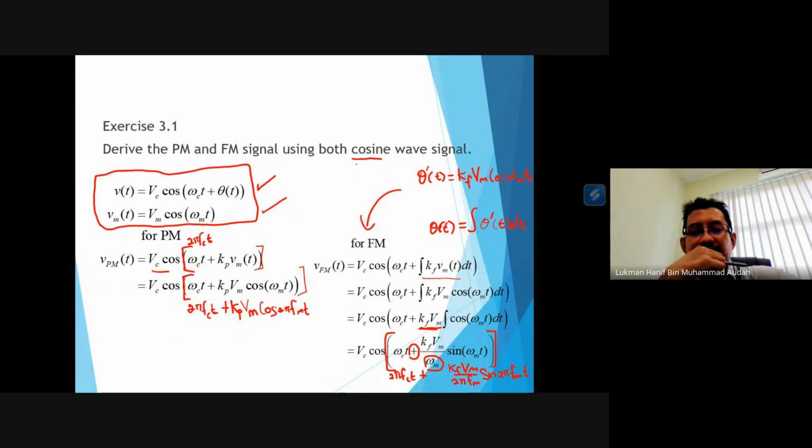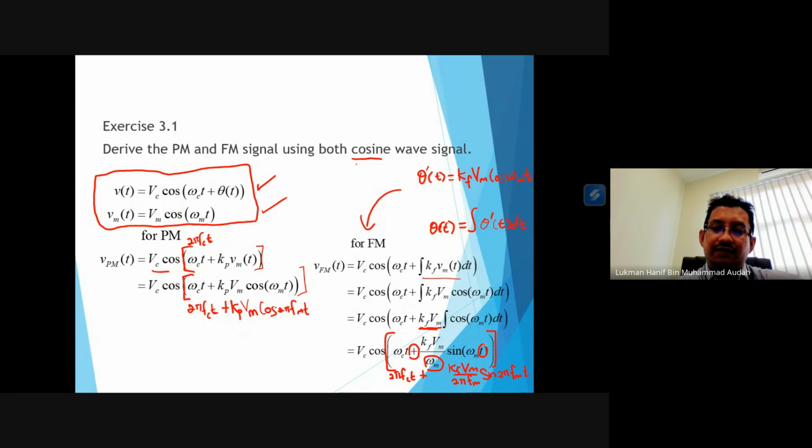Normally, if you are given the frequency, you need to find 2 pi fmt. In the question, we are not asking you to solve the whole equation, because normally we don't give the t value, the time value.